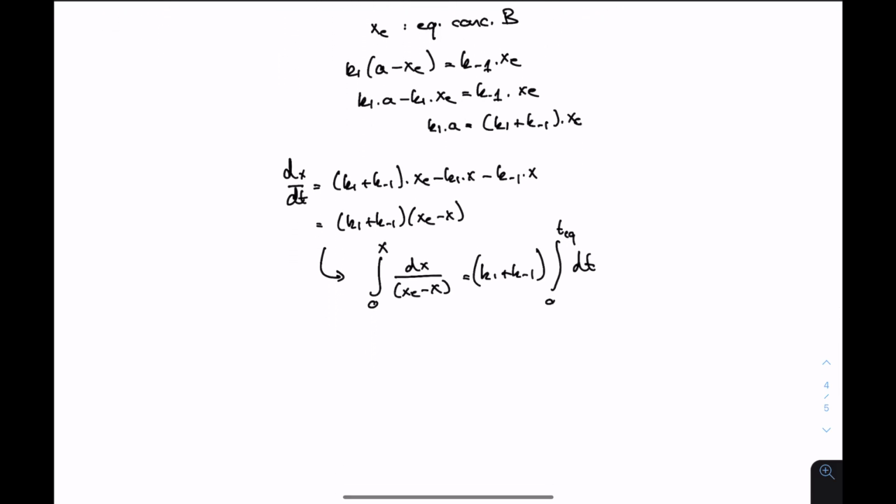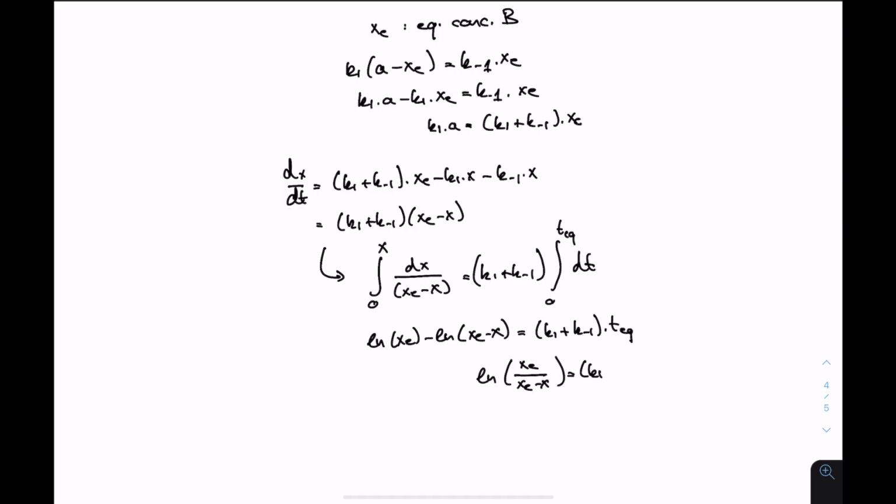So that will be ln xe minus ln (xe minus x) equals (K1 plus K minus 1) times t. So ln of xe over (xe minus x) is (K1 plus K minus 1) times t.